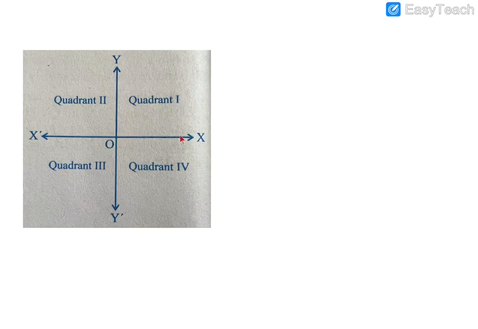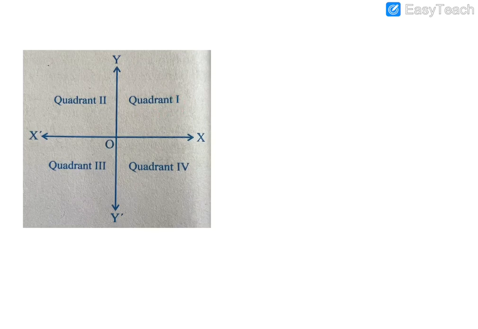So starting from the positive x-axis, we go in the counterclockwise direction, and each part is represented by what is called a quadrant. So starting from OX, if we go in the counterclockwise direction, between OX and OY, whatever points lie in that space, that space is said to be quadrant number 1. It's called the first quadrant.